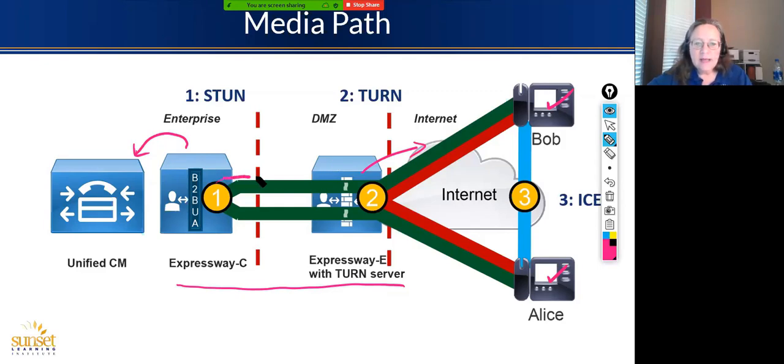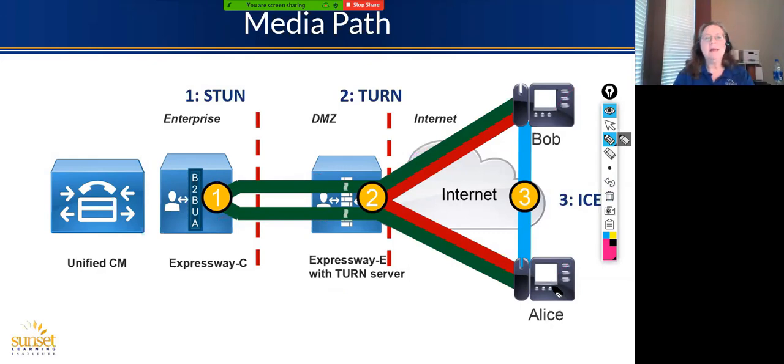And then I create what's known as a traversal tunnel between these two systems. This is called mobile remote access. It is one of the functions that can be performed by an Expressway CE pair. And here is what this does. I have two outside devices. I have my Jabber client on my PC and I'm sitting at Starbucks.